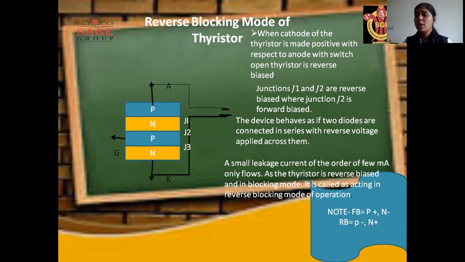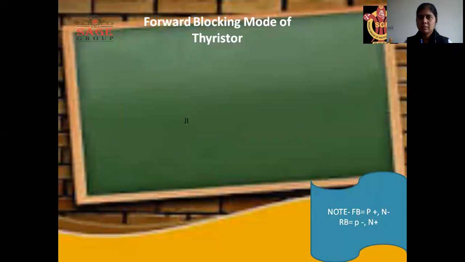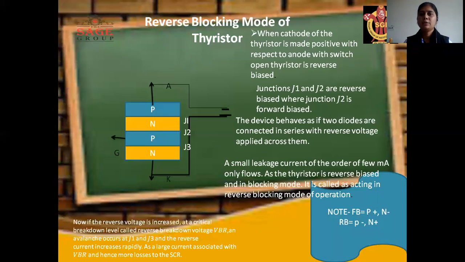So a small leakage current of the order of a few milliamperes only flows. As the thyristor is reverse biased and in blocking mode, it is said to be acting in the reverse blocking mode of operation. This is the reverse blocking mode of the thyristor.